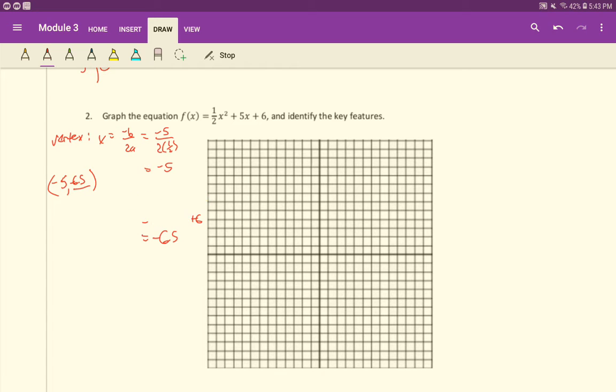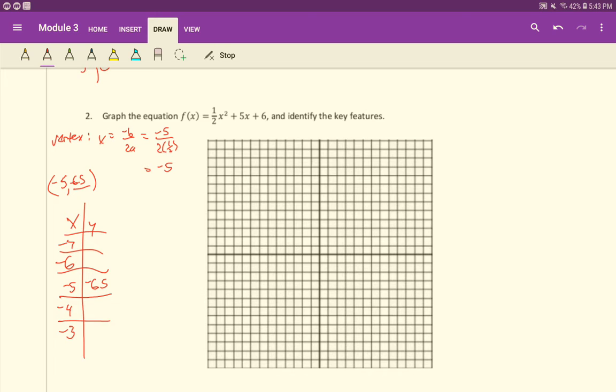Okay. Make some room here for some calculations. So then we'll make an XY chart. Okay, put that vertex in the center. Pick 2 points before negative 5, so less than negative 5 would be like negative 6 and negative 7. More than negative 5 would be like negative 4 and negative 3. Okay, and then we'll plug these in.